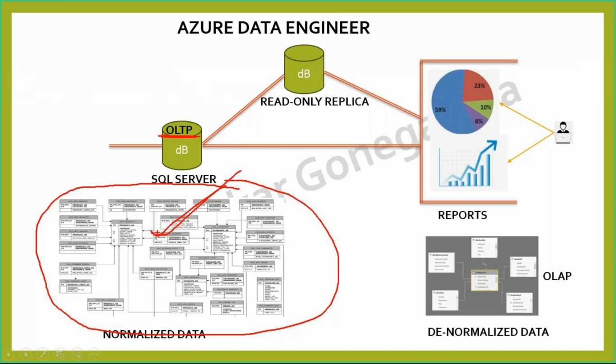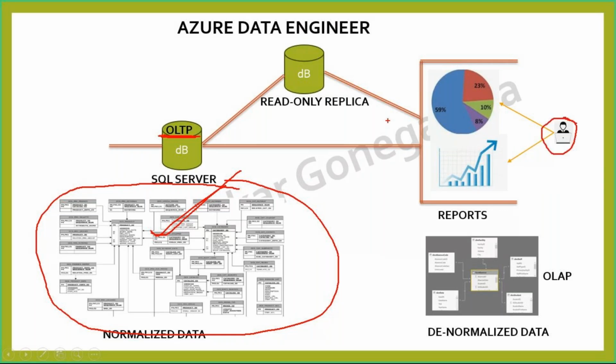So instead of the reporting team directly bringing the data from this place, let's say you have some reporting team and you are not having a data engineering team, just imagine at this point of time. You have to get some insights. As a data analyst, they have to provide information to the user.